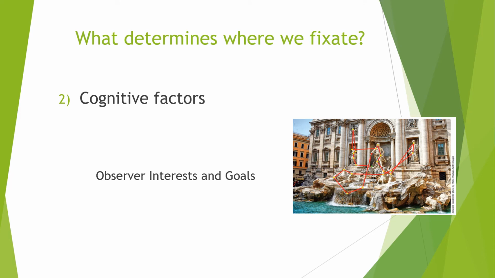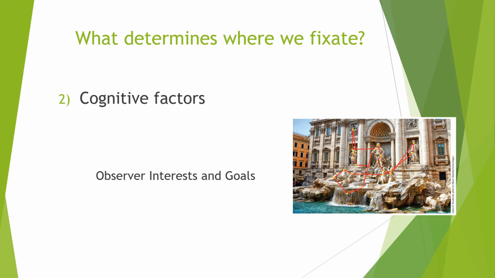Another cognitive factor is the observer's own interests and goals. So this is actually the picture he now has in the book showing saccades and fixations, where those little yellow dots are the fixations and the red lines are saccades. And you can see what a lot of us are going to do in this kind of picture is going to be what we see here, where we are looking at the different statues and maybe the water fixture, this kind of artistic part of what's in front of this building.